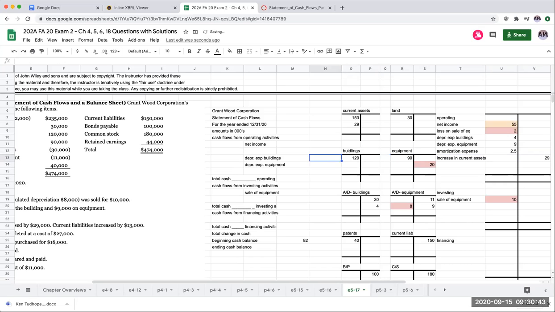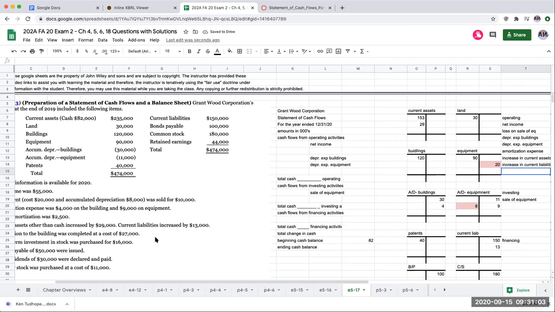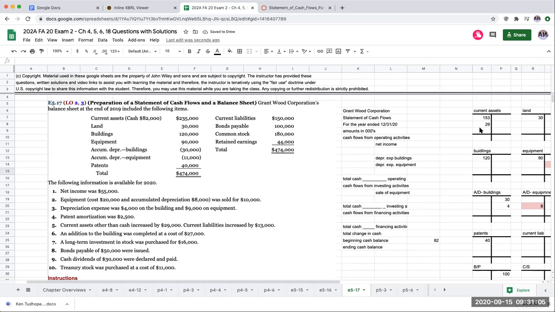It says current liabilities increase by 13,000. So do the opposite to cash here and say an increase in current liabilities. Okay, so again, if it increased over here, basically means it was a debit. So I do the opposite to cash when I'm creating my statement of cash flows.